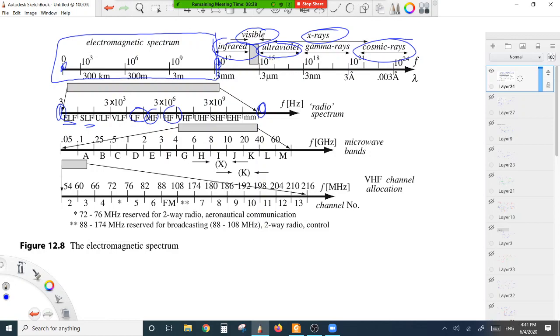On the left hand side it is the same: very low frequency, ultra low frequency, super low frequency, and extra low frequency.